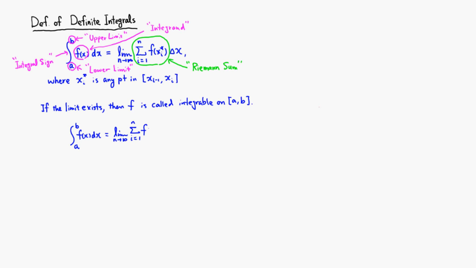Then instead of using xi star, we just use xi, times delta x, where delta x is simply the length of the interval, which is b minus a, divided into n equal pieces. And also xi is simply a plus i times delta x.